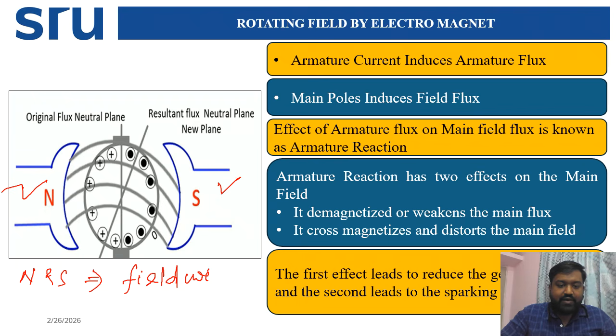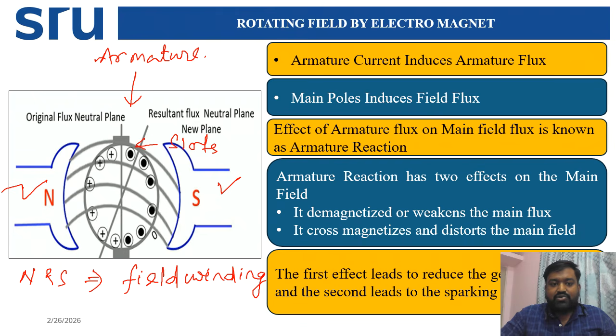You see here there is one circular portion, and here the armature is kept. This circular part is nothing but your armature. Now in the armature there are conductors kept. These circular parts are the slots.